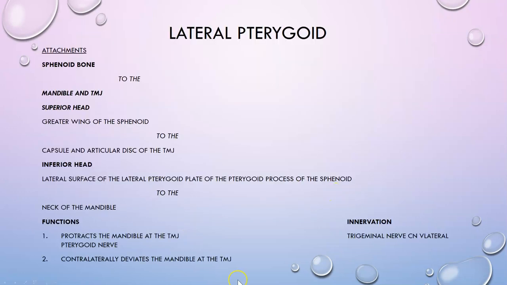We say here that the lateral pterygoid is a contralateral deviator, so it contralaterally deviates the mandible at the TMJ. That means that if the left lateral pterygoid contracts, the jaw or the mandible will move to the right. If the right lateral pterygoid contracts, the jaw will move to the left.